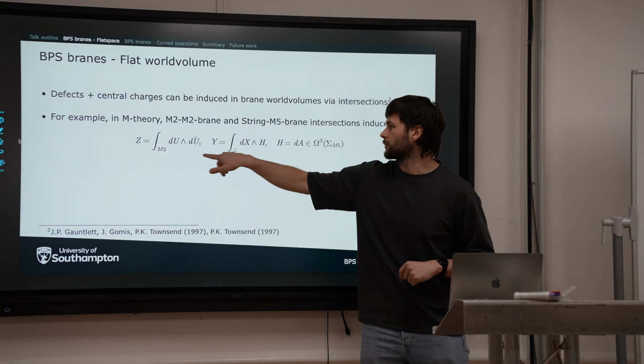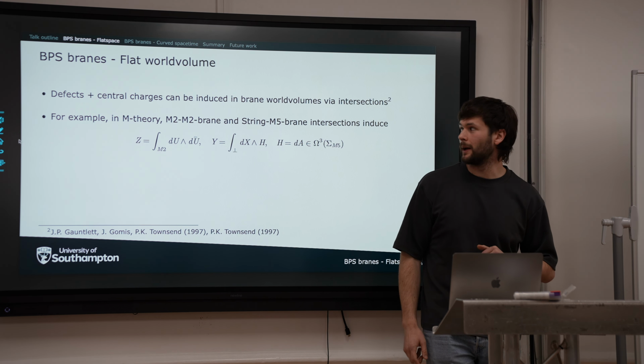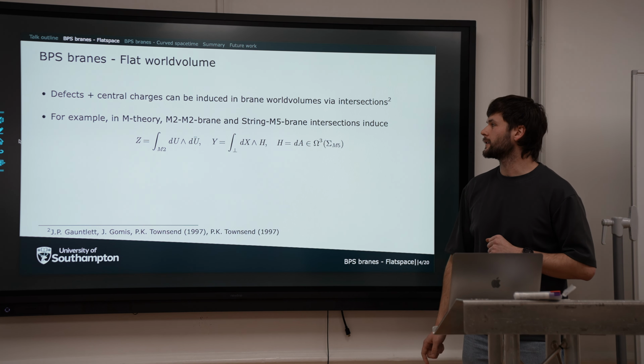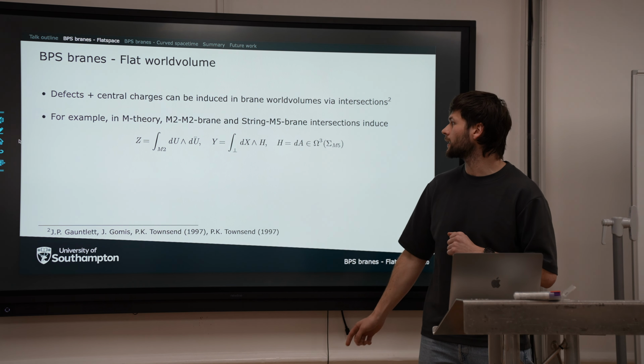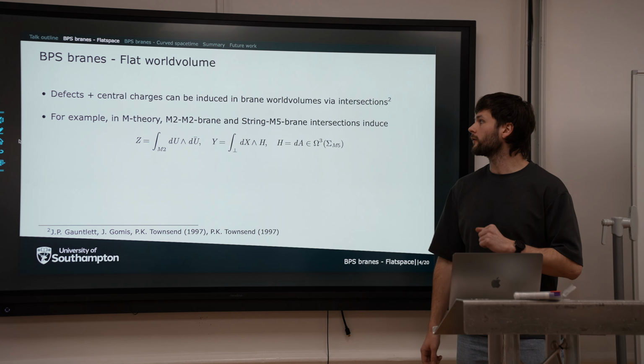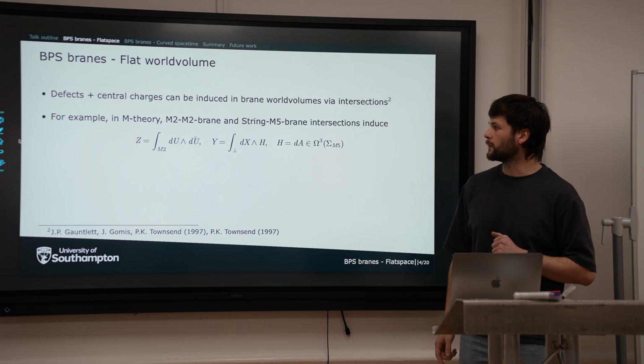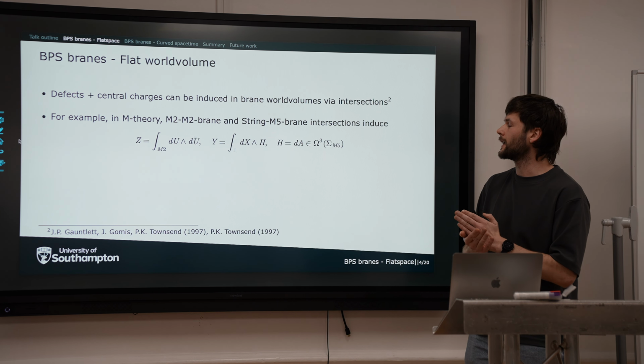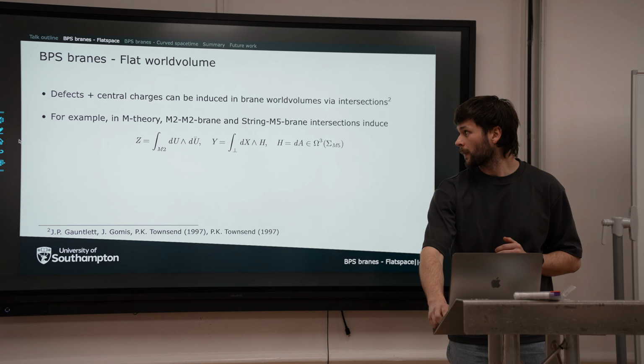These two central terms are associated to an M2 brane intersection, which is the Z central charge, and the string M5 brane intersection. These are the central terms of the world volume central algebras of these forms, but they also encode the spacetime geometry of these intersections as follows.